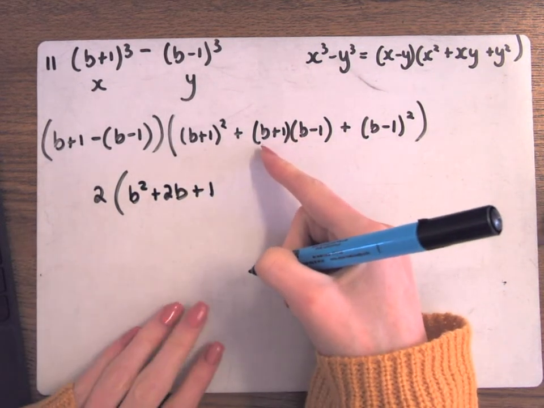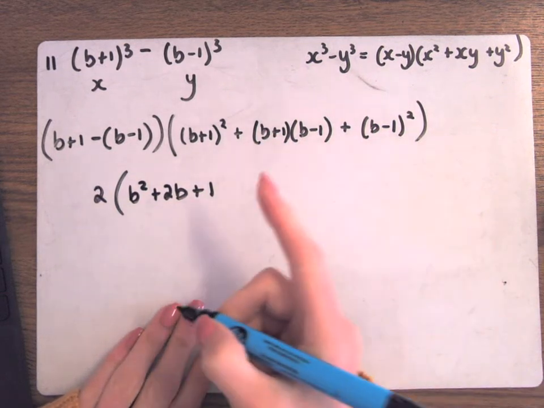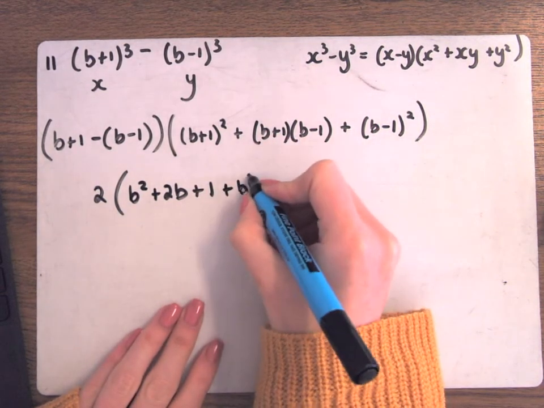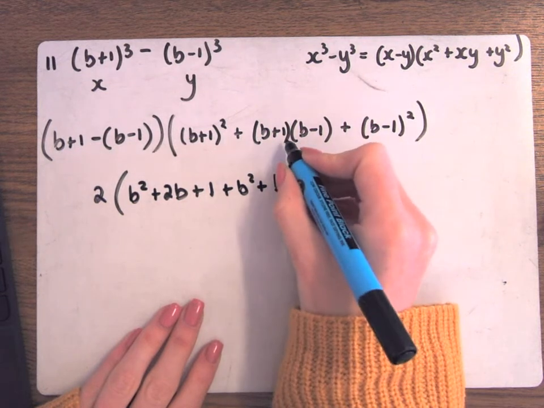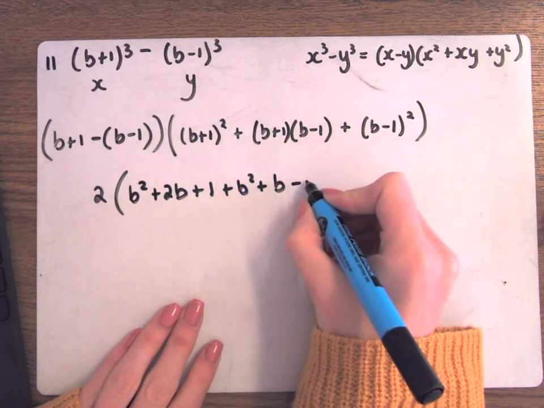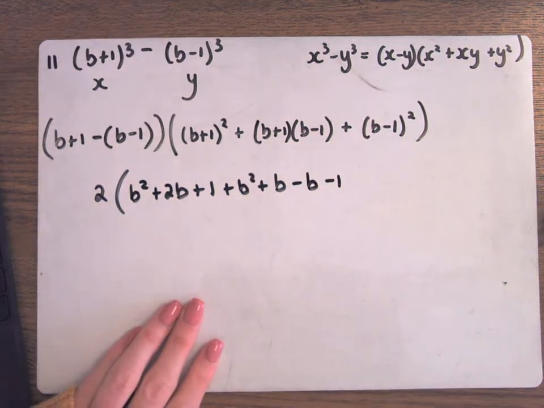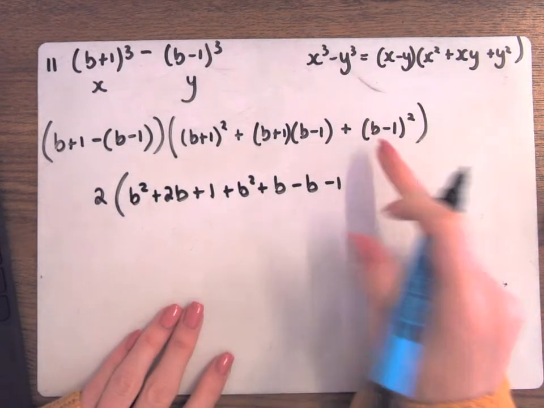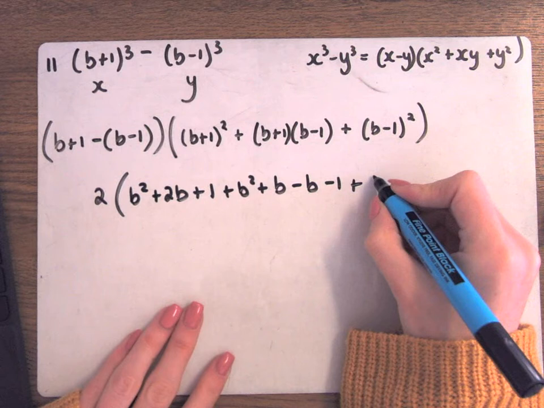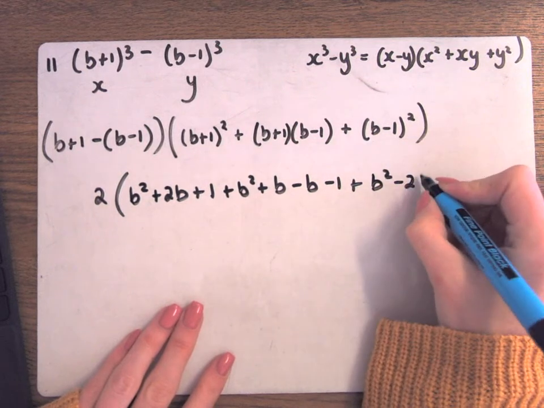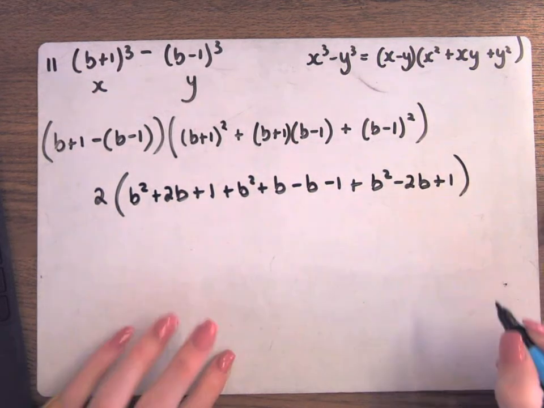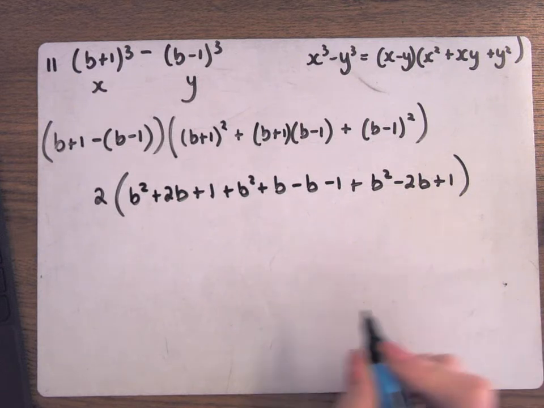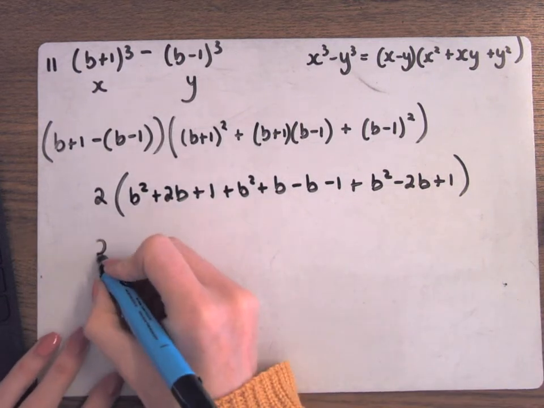Now let's multiply this out. First number, second bracket, second number, second bracket. I'm just going to do that step. So b squared plus 1b minus 1b minus 1. You do first number, second bracket there, okay? And square this out. Square the first, product of the 2 multiplied by 2, square the last. Okay? And let's see what we have.